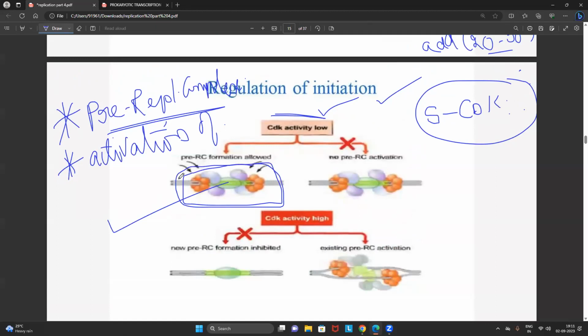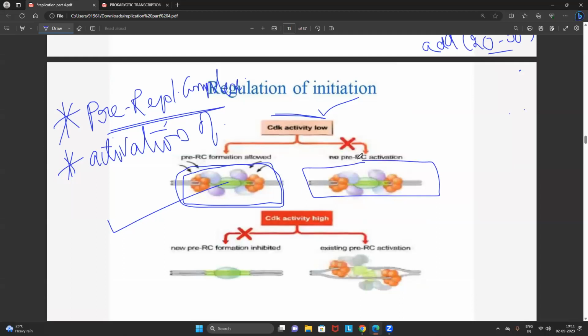There is no doubt about it. But the point I want you to understand is that although the pre-replicative complex forms, it is not active. The pre-replication complex just formed, but it will never be active. Why won't it be active?